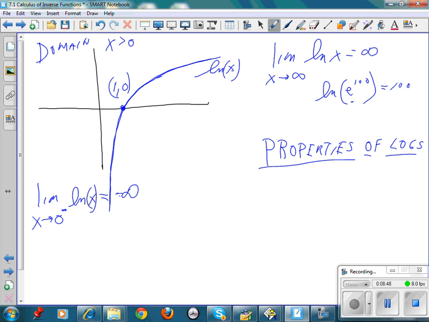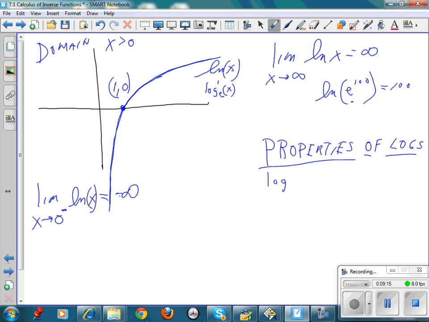The natural log is the inverse function of the exponential. There are properties of logs too. You can write log answers in an infinite number of ways, but the natural log is really the log base e of x.